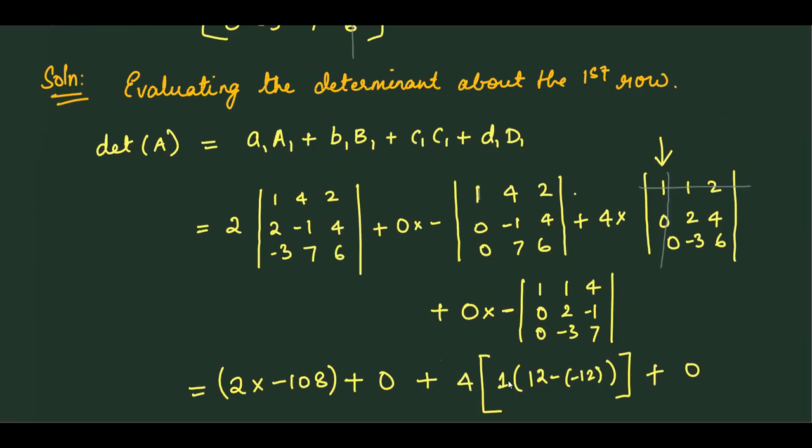You will have to evaluate 9 into 9, 81 cofactors. So therefore you cannot do this problem just by hand. Up to 4 you can do it, and if you have a lot of time you can do up to 5 also, but even 4 will be difficult unless it has zeros in it.